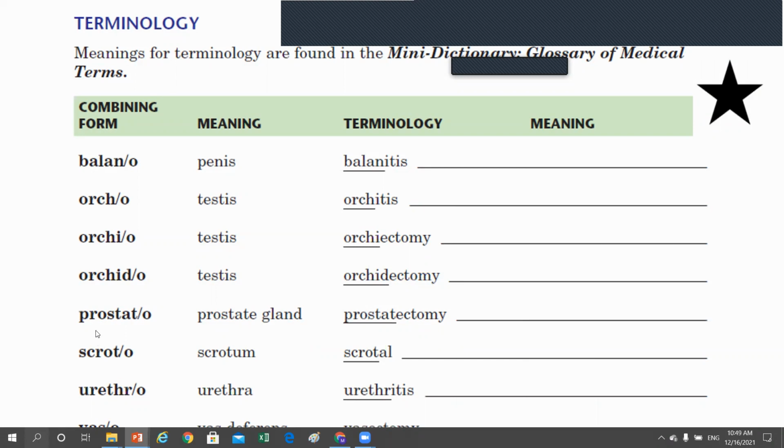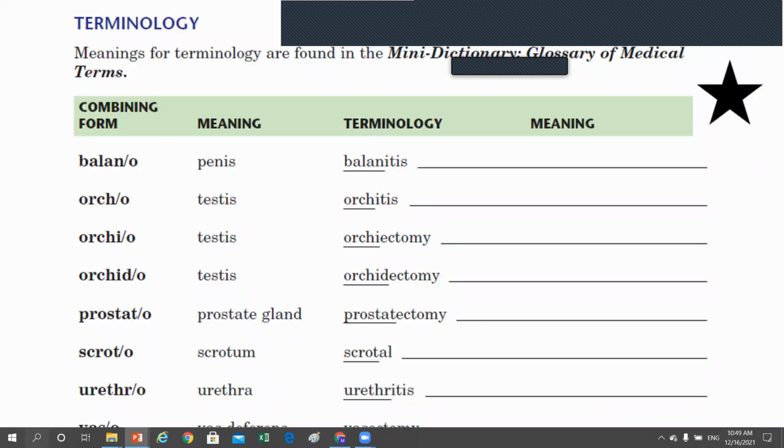Then for the prostate gland, we will be using prostatectomy. Surgical removal, or cutting of the prostate gland in a surgery. As we have talked, it can enlarge in old age and press the urethra, causing problems with urination.